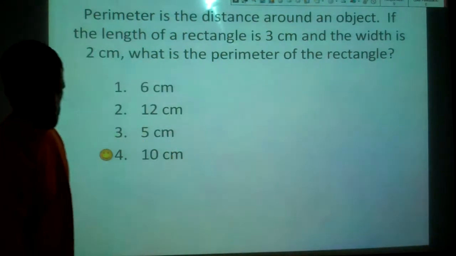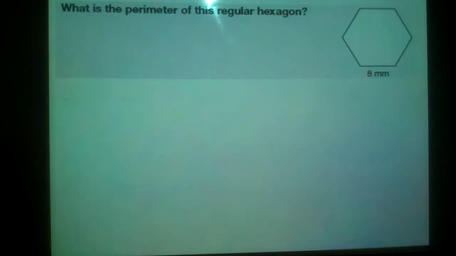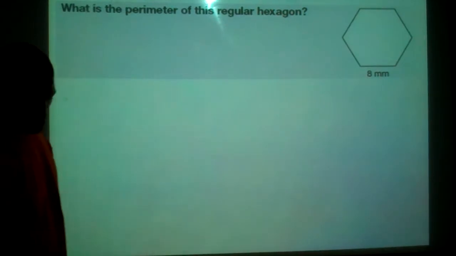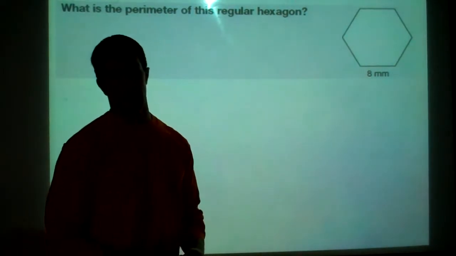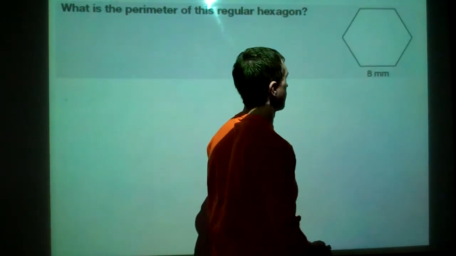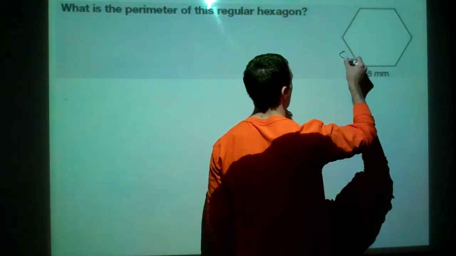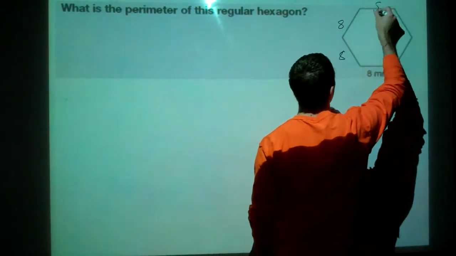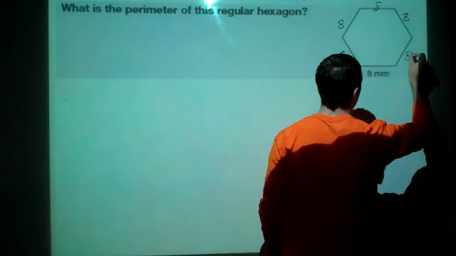Now also yesterday, as I said, we talked about polygons. Now this one asks for what is the perimeter of this regular hexagon. Remember that regular means all the angles are the same and all the side lengths are the same. So we have 8 millimeters here. That means this is going to be 8, 8, 8, 8, 8.